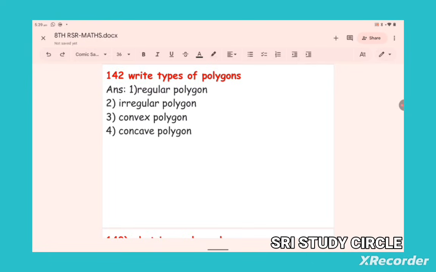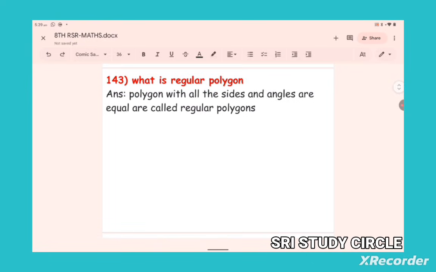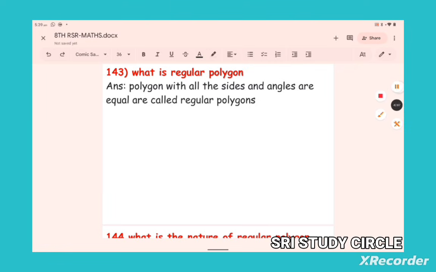Now next question, what is the regular polygon? A polygon with all sides and angles equal is called a regular polygon. A polygon which contains all sides equal and all angles equal is known as a regular polygon.